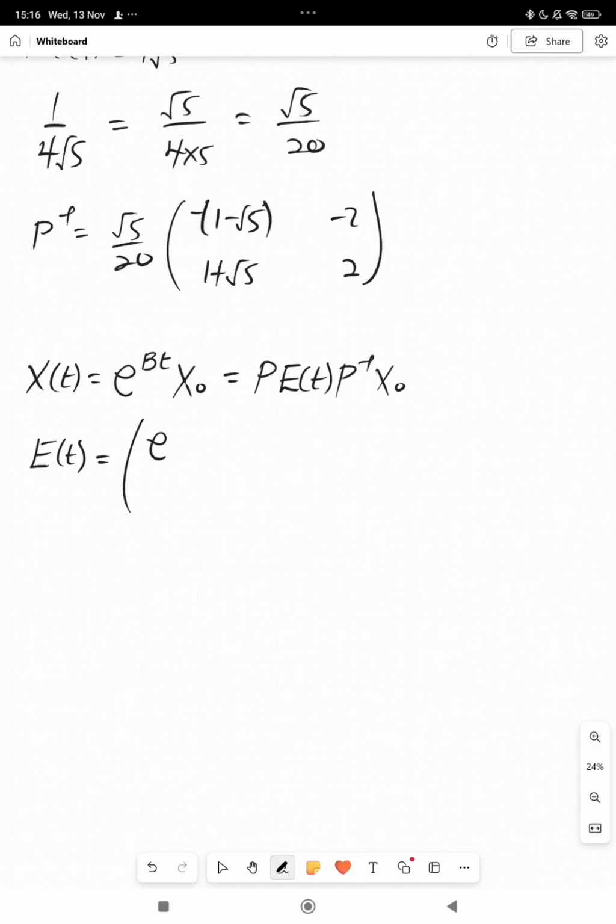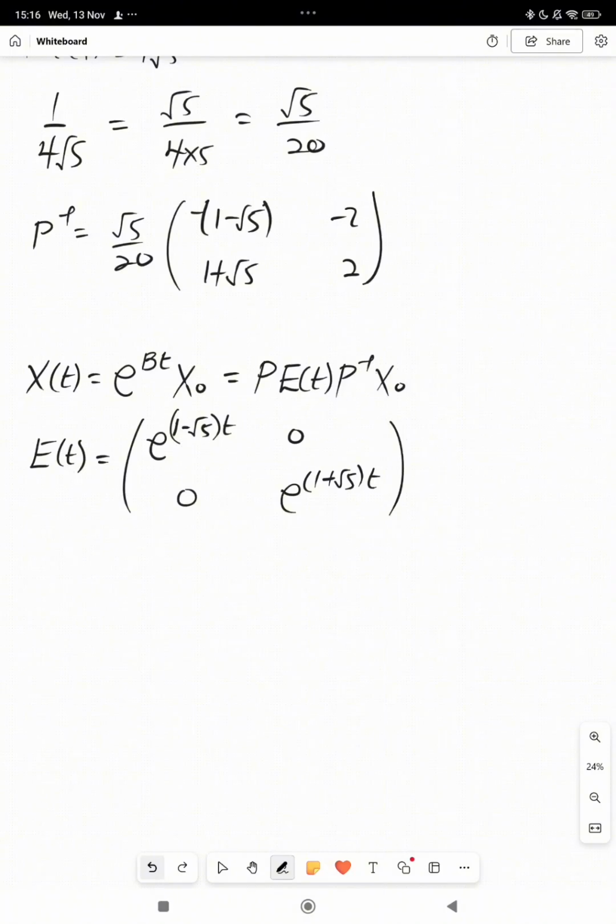So the first diagonal was negative: e to the (1 - √5) t, 0, 0, and e raised to the power (1 + √5) t. Now remember, these are your eigenvalues, so the negative eigenvalue and the positive eigenvalue.